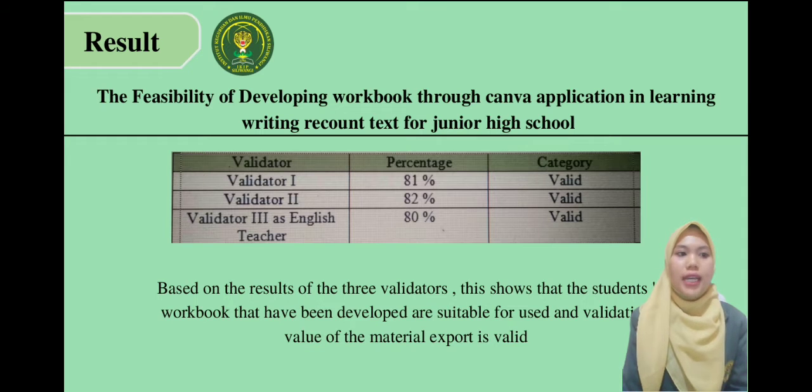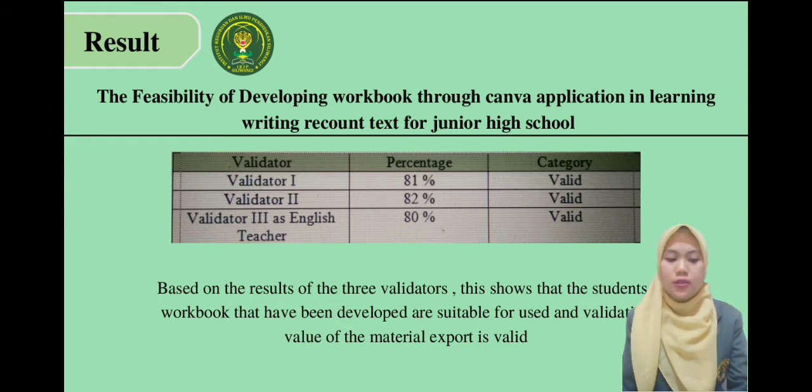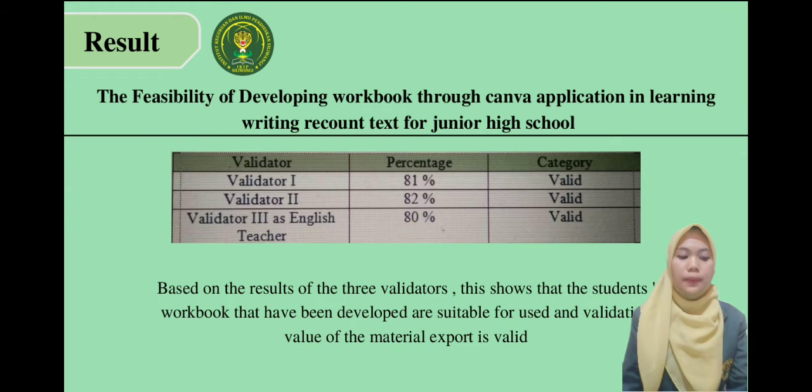The second one is the feasibility of the workbook developed through Canva application in learning writing recount text for junior high school. The researcher used the validation sheet to measure the feasibility of the product, validated by 3 validators. The first validator gave 81%, category valid.